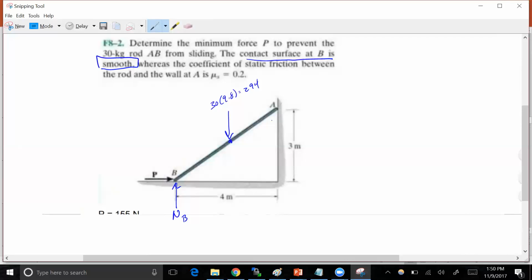Which way is it going to slide? Down at A, right? Or left at B, right? So the friction force has to be going in the opposite direction of that. So if it's going to slide down, here's impending motion at A. That means the friction force at A is going to be going up.